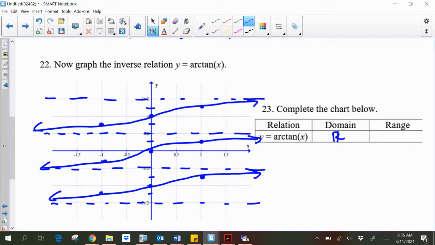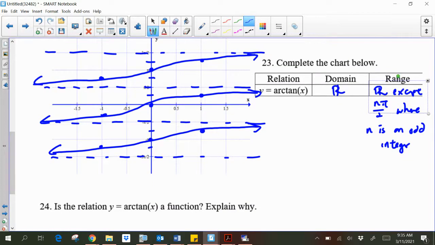And the range is that big, long mouthful: all real numbers except n pi over 2, where n is an odd integer. The whole thing. Is it a function? Still no. It still doesn't pass the vertical line test. Now we have curves stacked on top of each other, so that's for sure not going to pass the vertical line test.